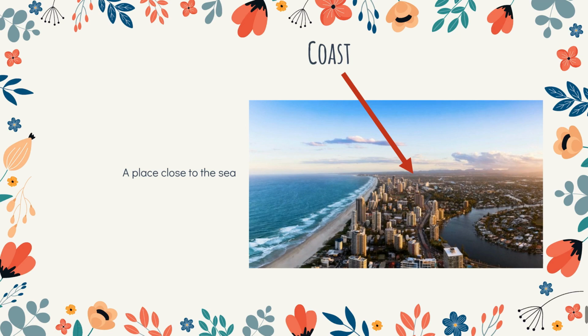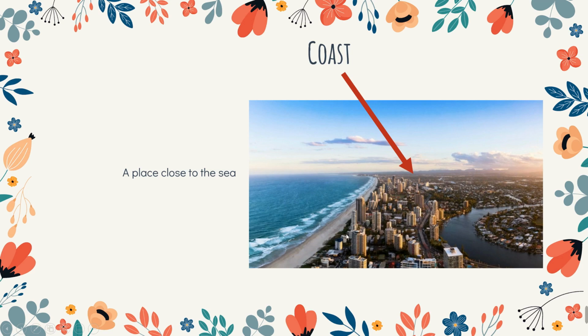Now we have coast. Okay, in this case, we have the sea, the beach here, which is this part covered by sand, and this here is the coast. So in this case we are referring to a place close to the sea. That is not the beach, of course, because the beach is this place in which we have sand, and the coast is a place close to the sea.